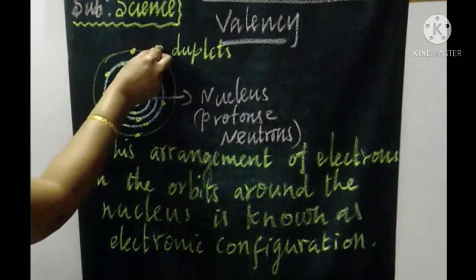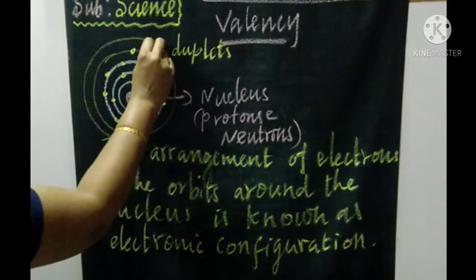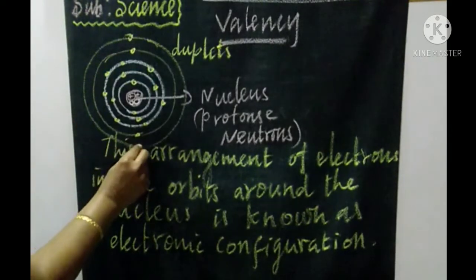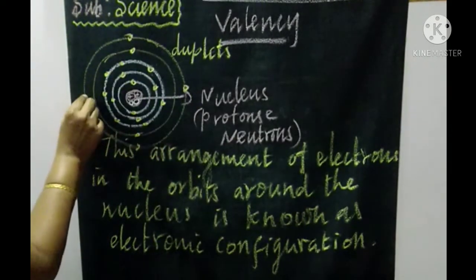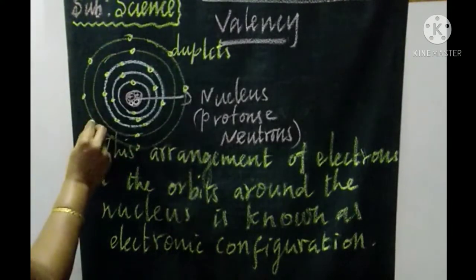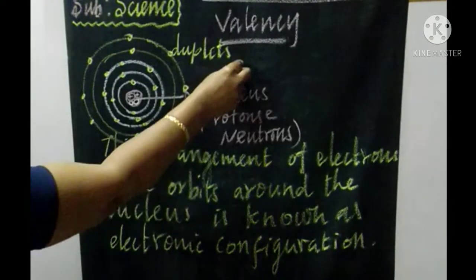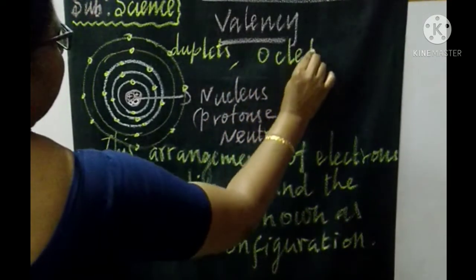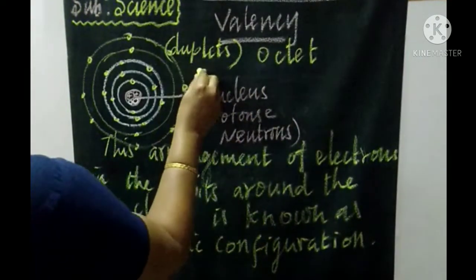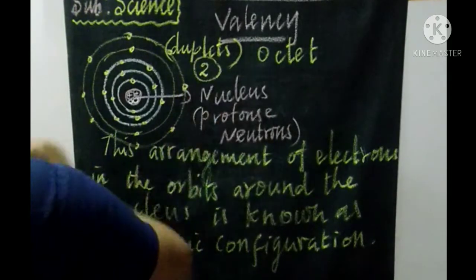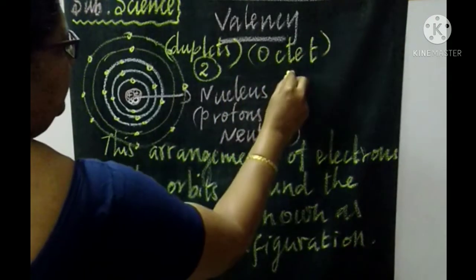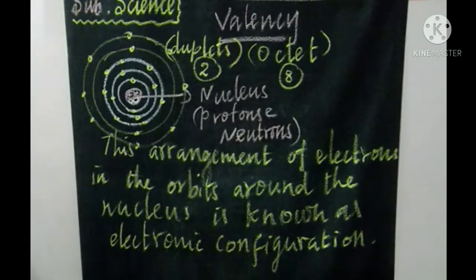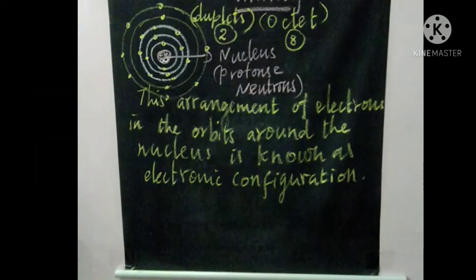If the outermost orbit tends to have 8 electrons, then it is known as an octet. So duplet means an arrangement of 2 electrons, and octet means an arrangement of 8 electrons, to have a stable electronic configuration.